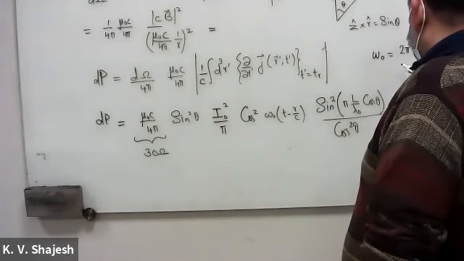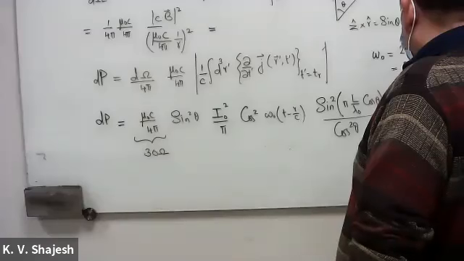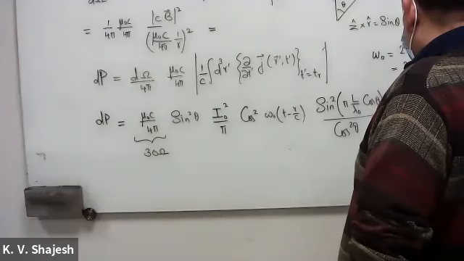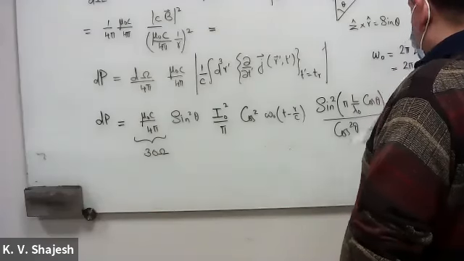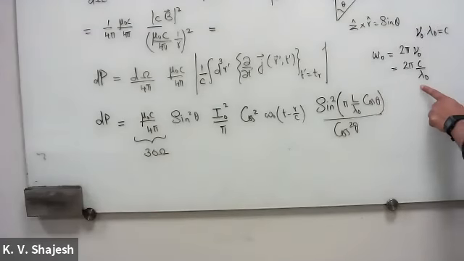So you would say lambda naught is 2 pi c over omega naught. So lambda naught here is completely determined by how fast you oscillate this current with respect to time.